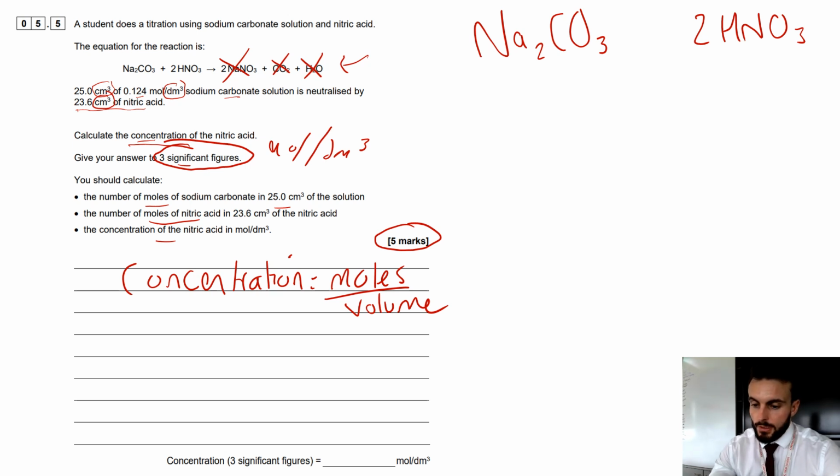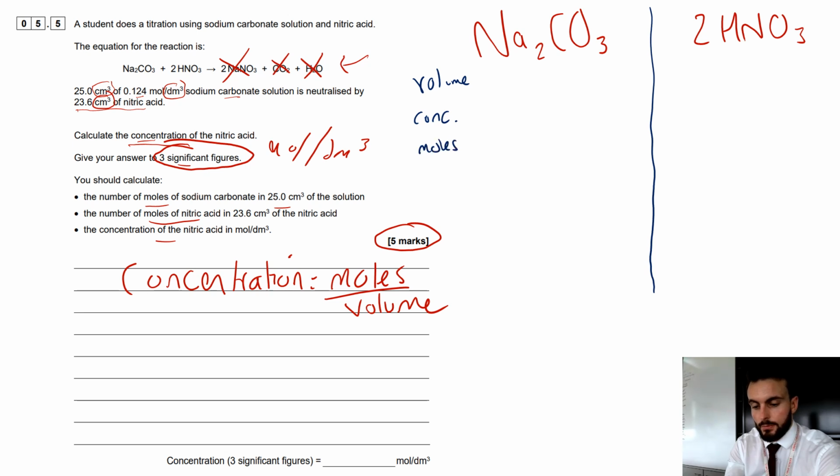There are many ways of doing this, but the easiest way is to just get out what you've got to start with first. So we've got volume, we've got concentration, we've got moles, and we've got whatever the ratio between the two is. So I'm just going to fill in everything that I've got to start off with.